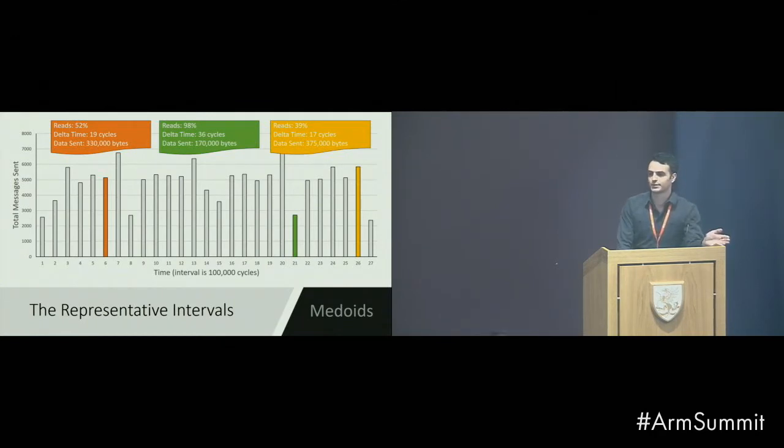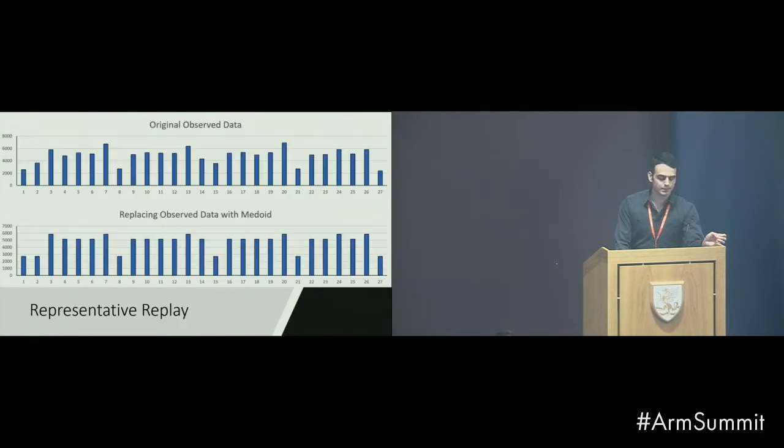And other things are different as well. So using these medoids, in some of the previous slides, what I showed you was we replayed the intervals. So that was the top graph here, the original observed data. So rather than replaying the intervals, rather than creating 27 statistical profiles for every single interval, let's just use the 3 that we did when we clustered.